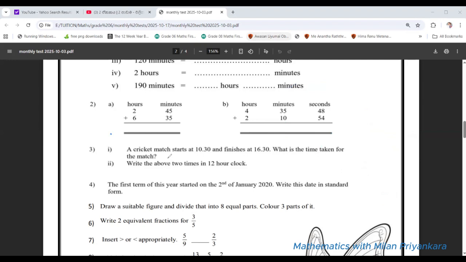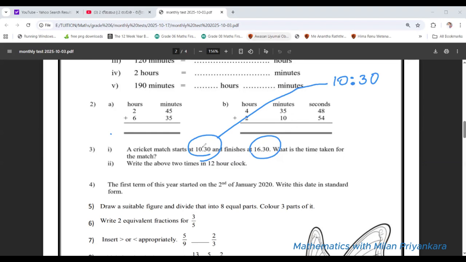Right. In this one, a cricket match starts at 10:30 and finishes at 16:30. What is the time taken for the match? There's one small correction I have to make here. These two times are written in the standard form. If you write in the standard form, it has to be 10:30, because you need a colon here, right?